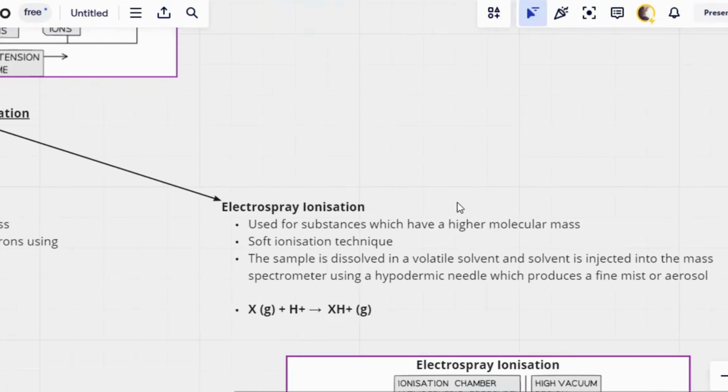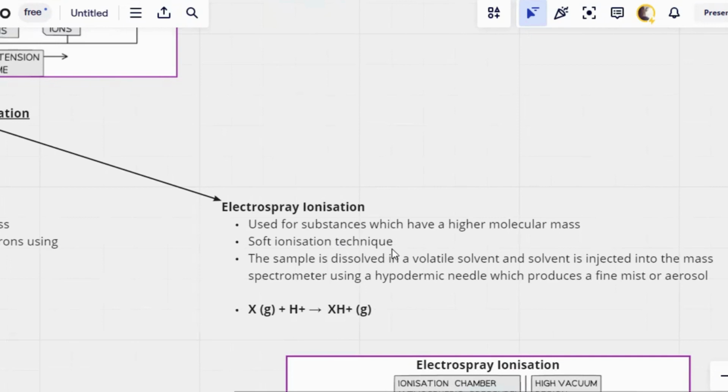Unlike electron impact ionization, fragmentation is unlikely to happen in this procedure, and this is therefore often called a soft ionization technique.